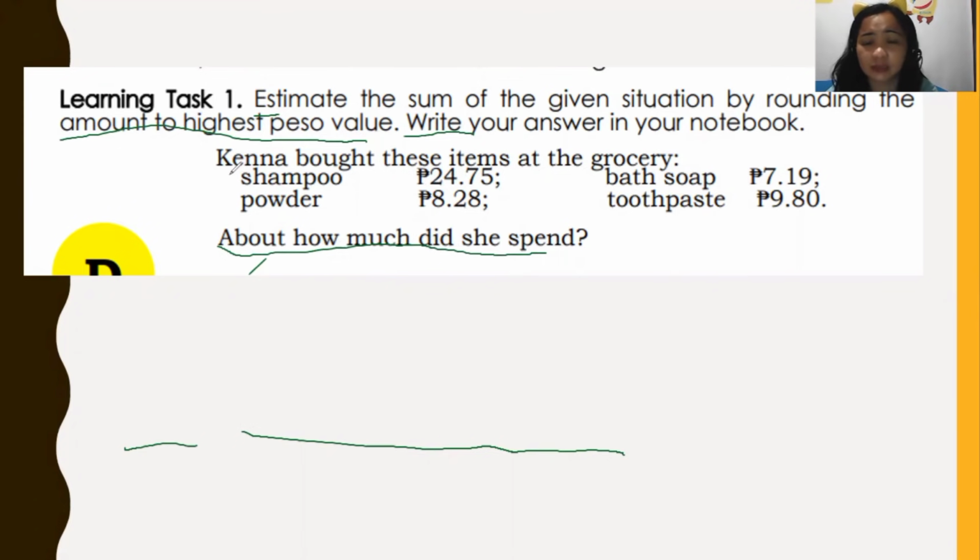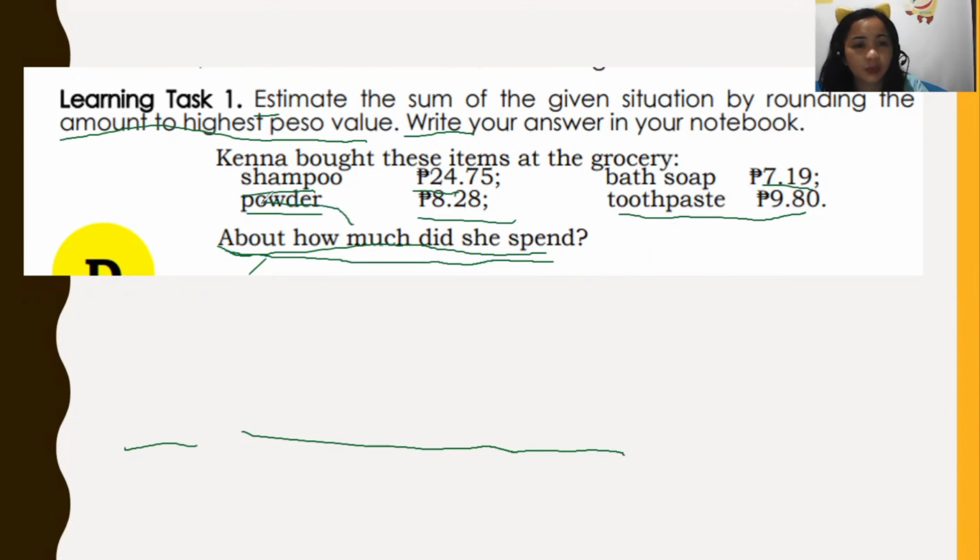Kenna bought these items at the grocery. Shampoo, 24 pesos and 75 centavos. Powder, 8 pesos and 28 centavos. Bath soap, 7 pesos and 19 centavos. Toothpaste, 9 pesos and 80 centavos. The question is about how much did she spend? Kapag may nakita kayong word na about, that means estimate. Ibig sabihin, ira-round nyo muna bago nyo i-add dahil tinatanong magkano yung kanyang nagastos.